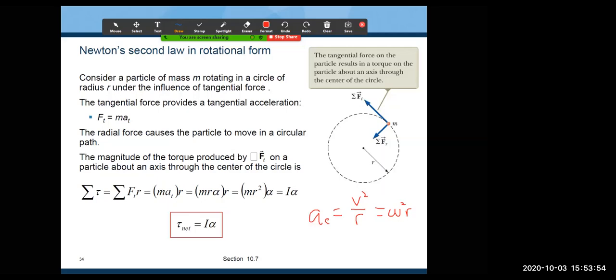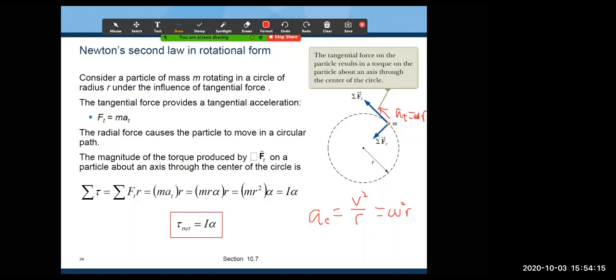So centripetal acceleration is given by this one. Tangential acceleration along the tangent direction, a_t, is equal to alpha times r. a_t equals r times alpha.